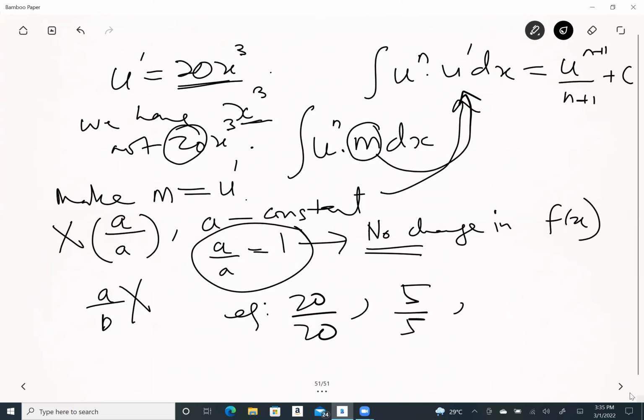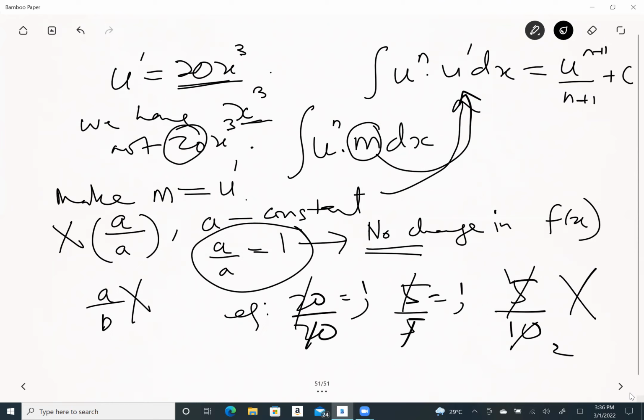You cannot multiply by 5 over 10, because that is 1 over 2, which is not equal to 1. Everything here is equal to 1. Is that clear? You have to multiply by a ratio of two constants that is equal to 1, which means a ratio of the same constant.